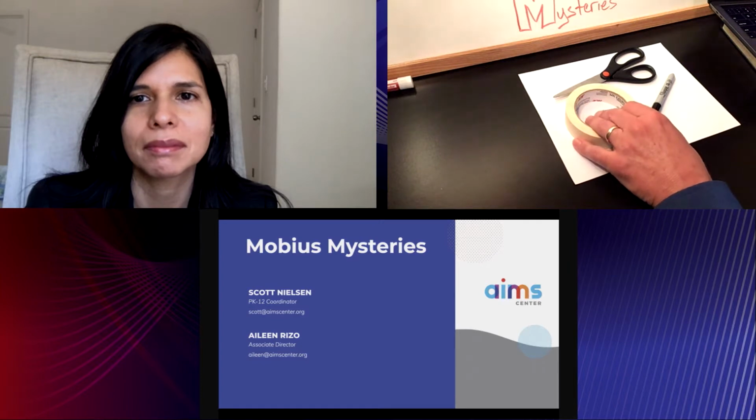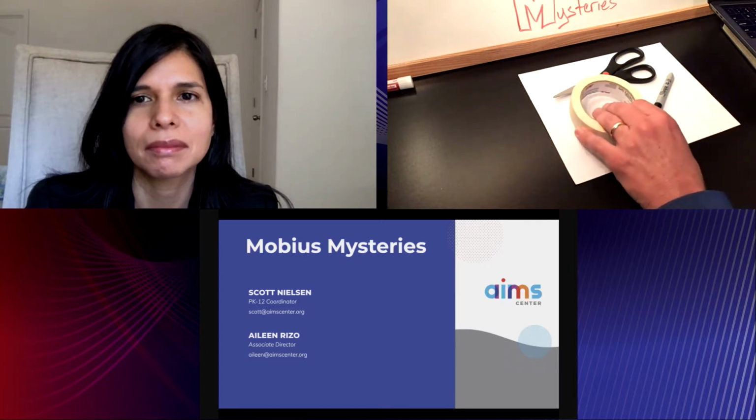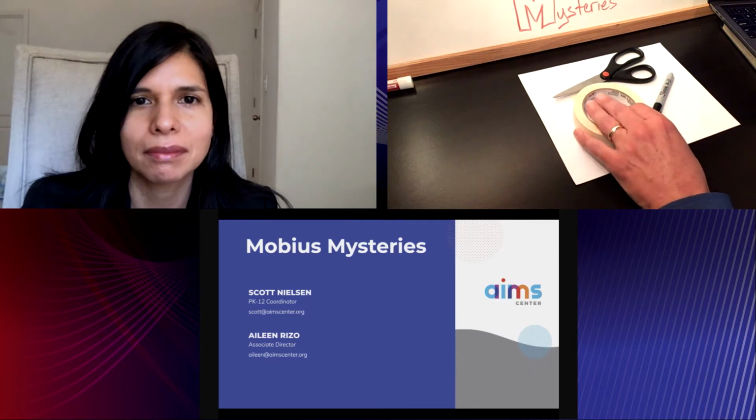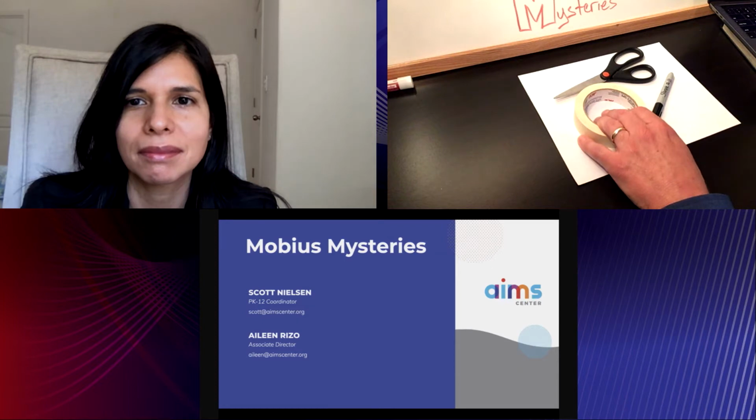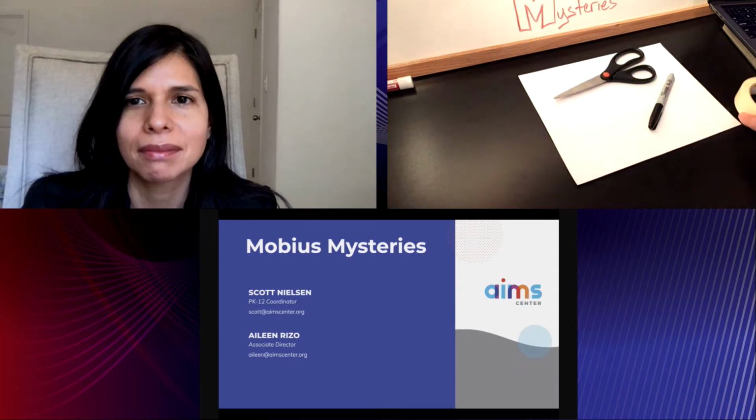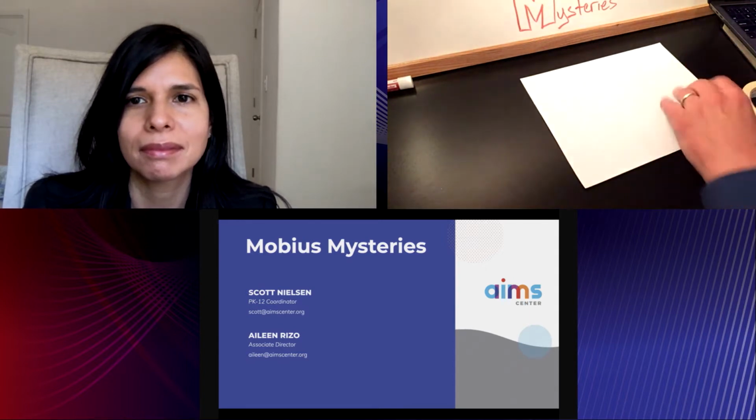So again, piece of paper, some scissors, tape or glue stick of some kind, and some kind of writing device. I'm going to go ahead and begin. Eileen is keeping an eye on the questions in the chat, so there are going to be a couple of times that we'll invite you to throw some ideas or questions in there, so feel free to do that. We're going to start by just cutting some strips of paper.